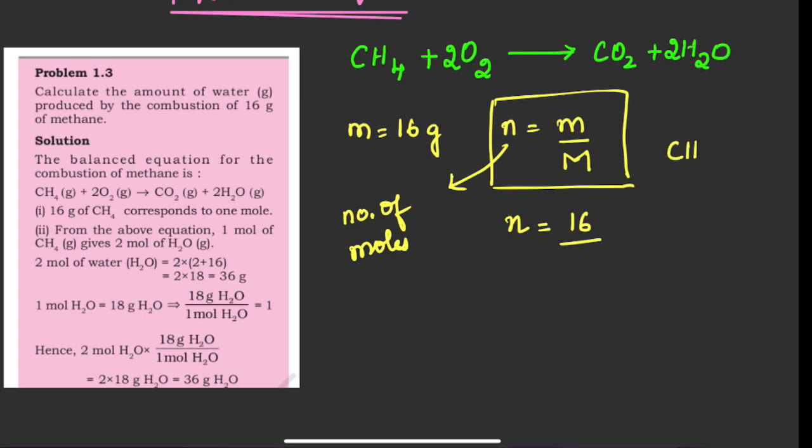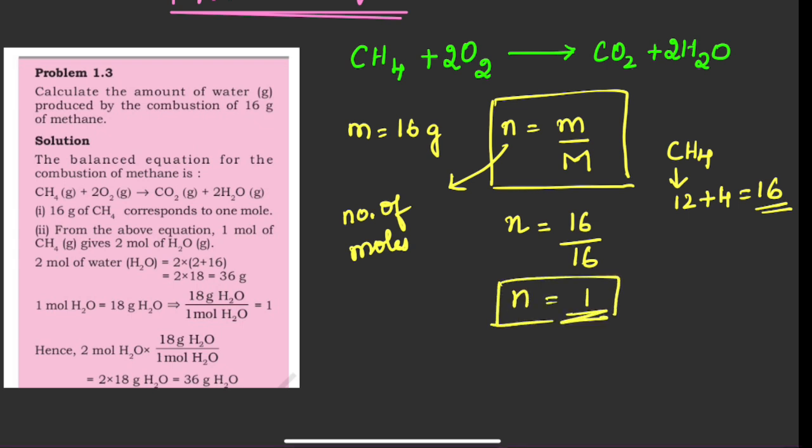So methane is CH4. So carbon atomic mass is 12 plus hydrogen is 1. There are 4 hydrogen atoms, so you will be writing it as 4. So 12 plus 4 is 16. So molar mass is equal to 16. So 16 by 16 you will be getting it as 1. So the number of moles we are getting it as 1.